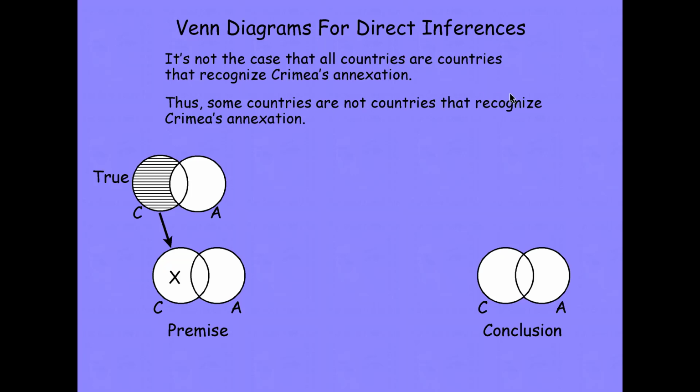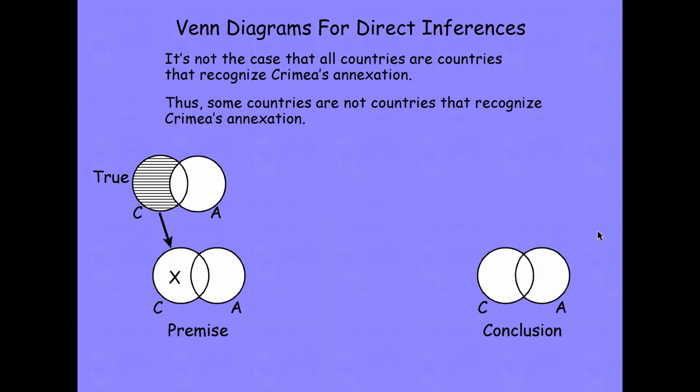Some countries are not countries that recognize Crimea's annexation. So now we've got a particular negative statement. A particular negative statement can be understood as saying there's at least one thing. It has this property. It's in that circle. It does not have this property. It's not in that circle. So it's inside of C, but it's outside of A.